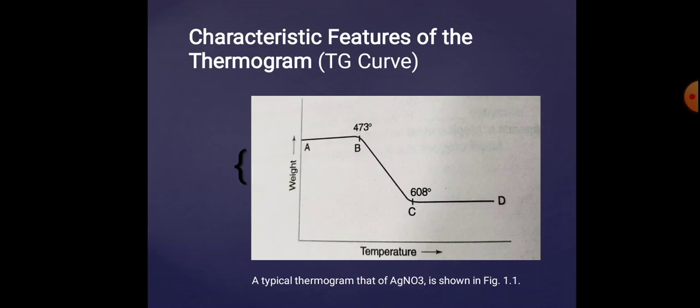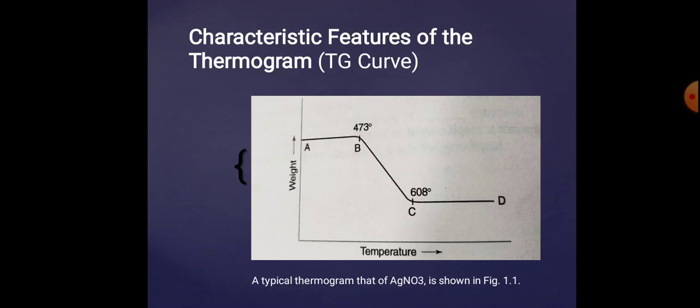At point B, 473 degrees Celsius is mentioned. At point C, 608 degrees Celsius is mentioned. Now suppose we take X amount of AgNO3 and start increasing the temperature up to 473 degrees Celsius, but there is no change in weight.